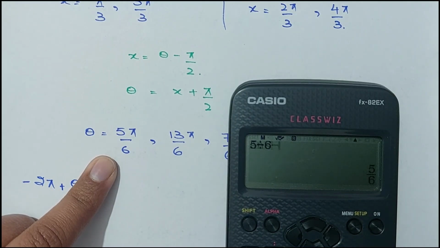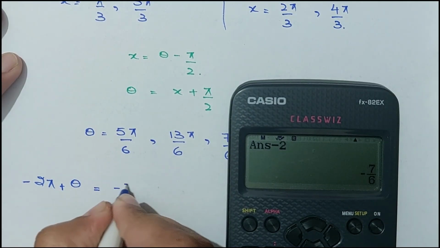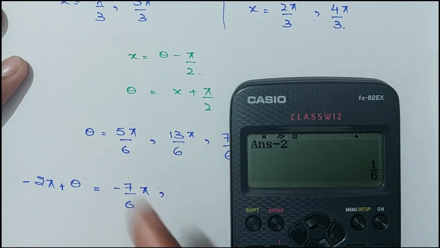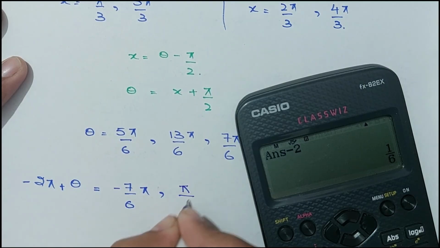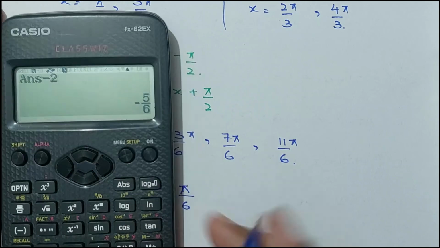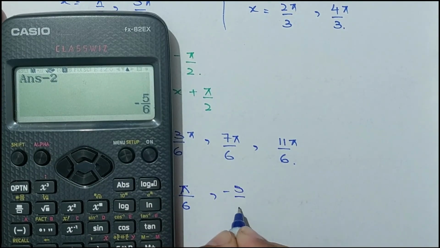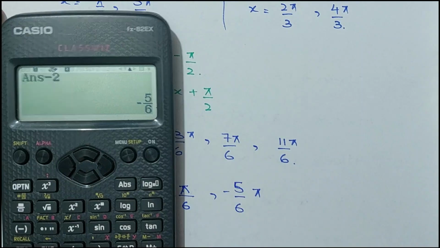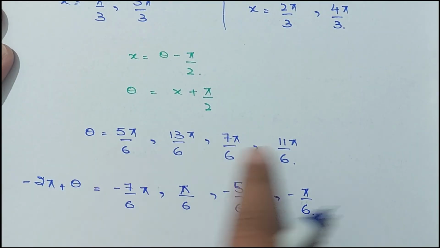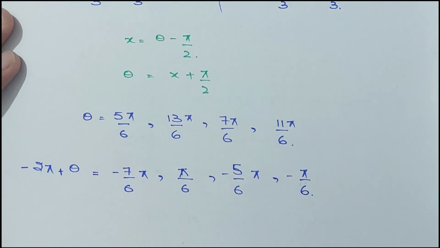So 5 by 6, we subtract 2, gives minus 7 by 6 pi. 13 by 6, we subtract 2, gives 1 by 6, which means pi by 6. 7 by 6 minus 2 is minus 5 by 6 pi. 11 by 6 minus 2 is minus pi by 6. So now these are all the values, 4 and 4, 8 values of theta.